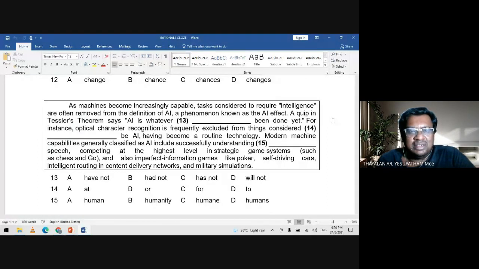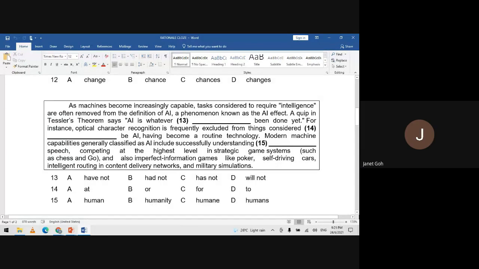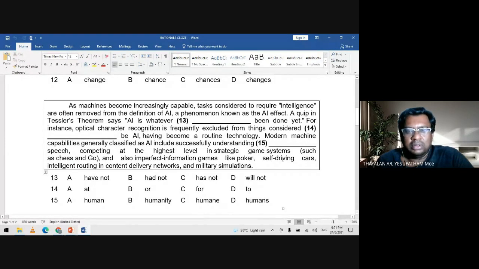For instance, optical character recognition is frequently excluded from things considered to be AI, having become a routine technology.